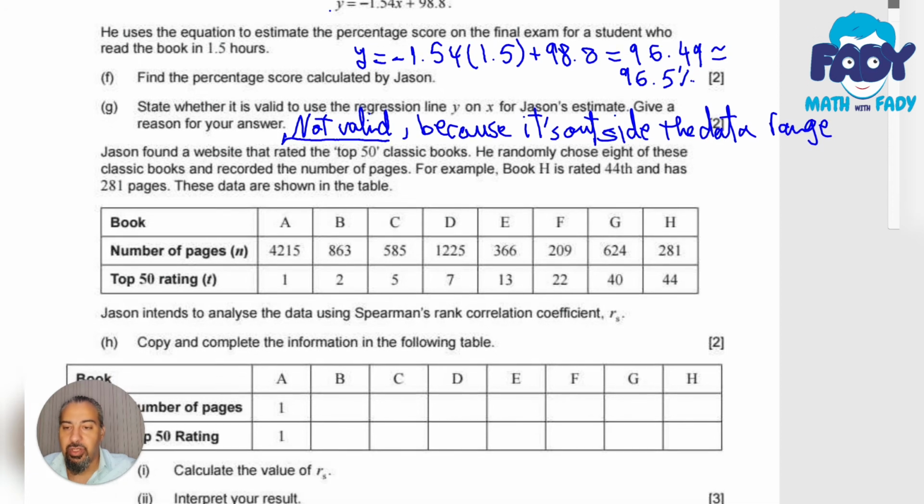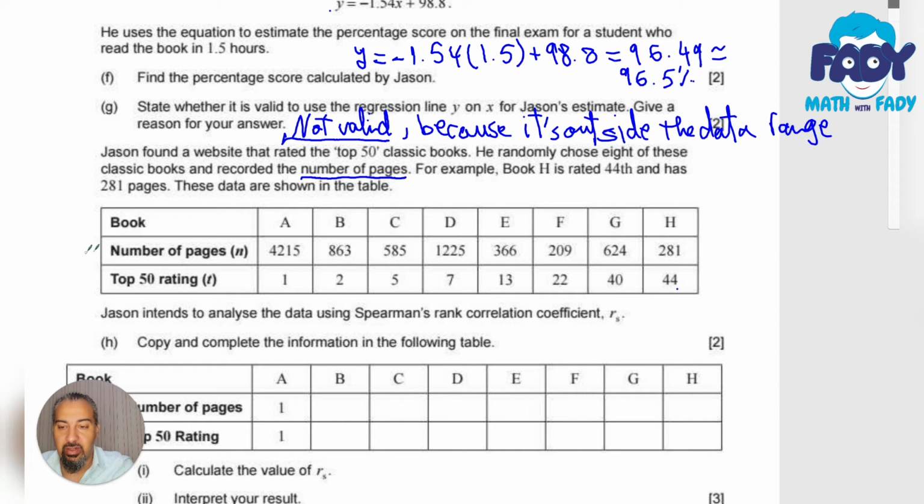Then Jason found a website that rated the top 50 classic books. He randomly chose 8 of these classic books and recorded the number of pages. For example, book H is rated 44th and has 281 pages.